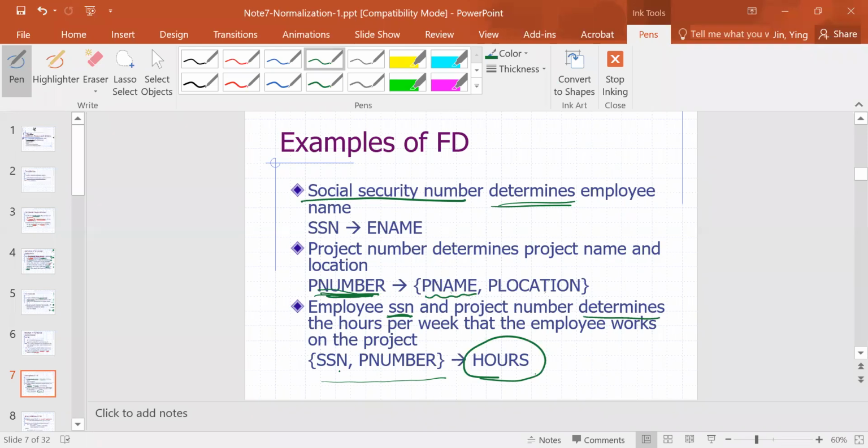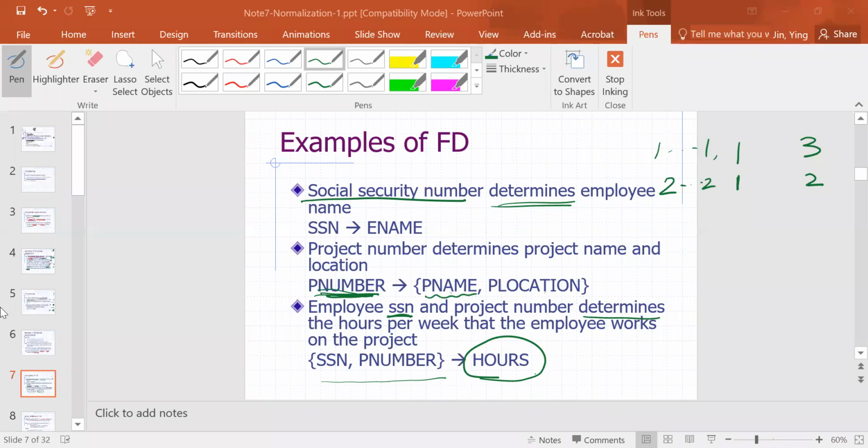When we know the unique combination of SSN and project number, there's only one hours value associated with it. Say, for example, employee 111 on project number 1 works 3 hours. Once you know this combination, you only have 3 hours. It's not possible to also have another 2 hours. You could have another employee on project 1 working 2 hours. So this is dependent on the combination of the two of them.